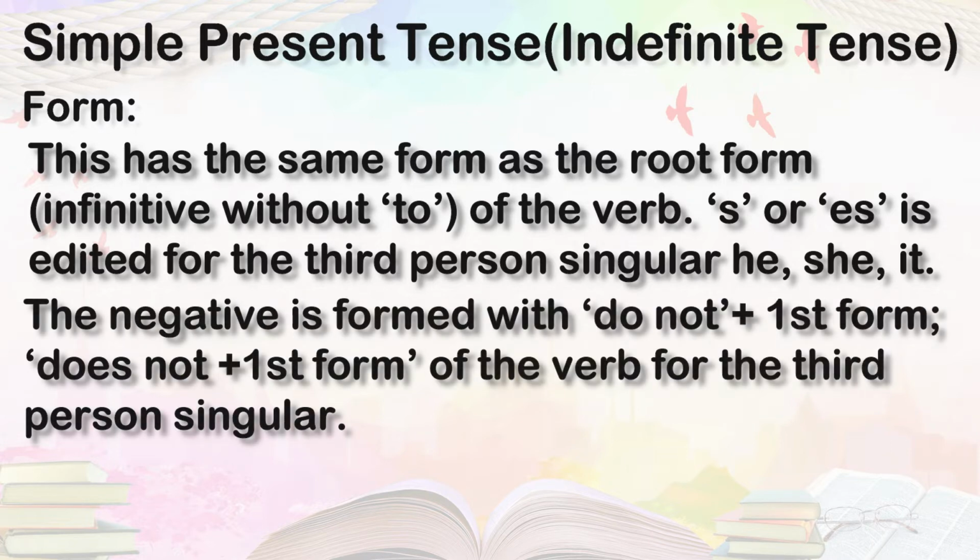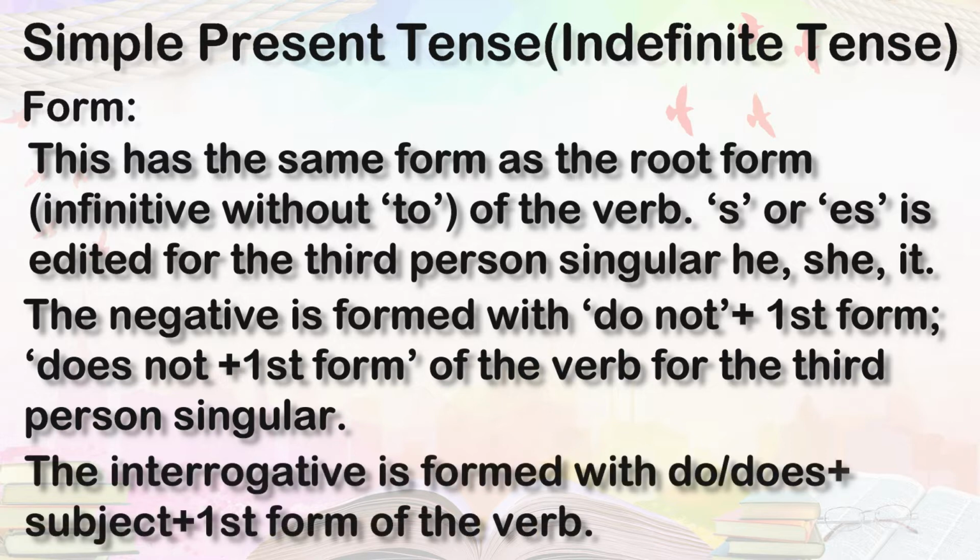The negative is formed with do not plus first form, does not plus first form of the verb for the third person singular. The interrogative is formed with do, does plus subject plus first form of the verb.